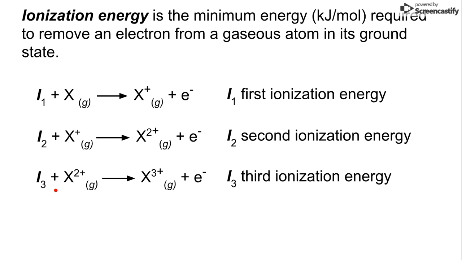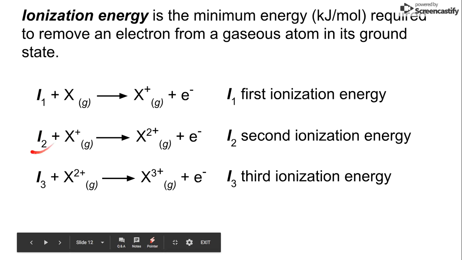Now, the idea, again, having to do with that whole charge attraction stuff, as you remove an electron, the radius gets smaller and the nucleus has a stronger hold on the leftover electrons.